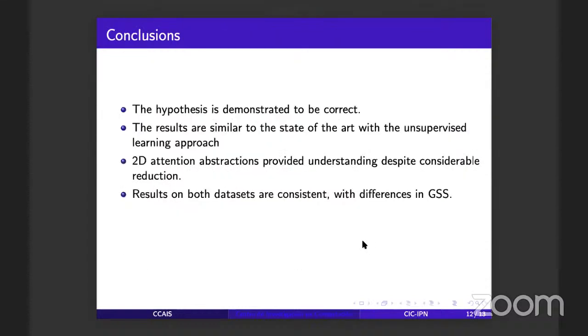So my conclusions: the results are similar to the state of the art, but with a supervised learning method. Results in both datasets are consistent, but with a difference in grammatical structure similarity.